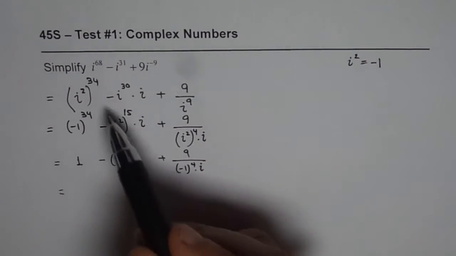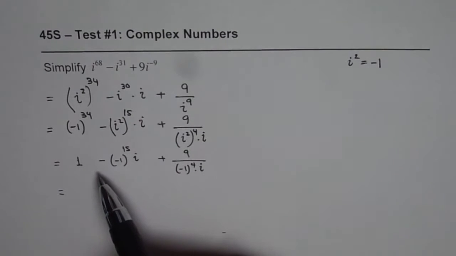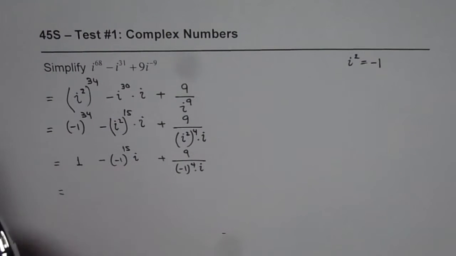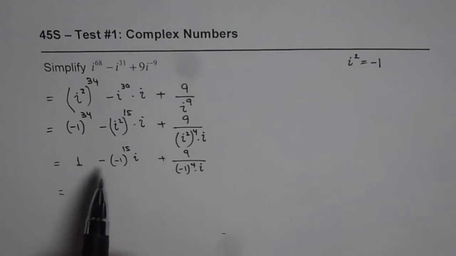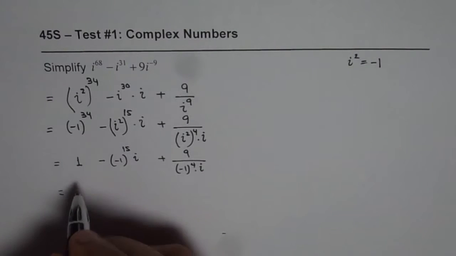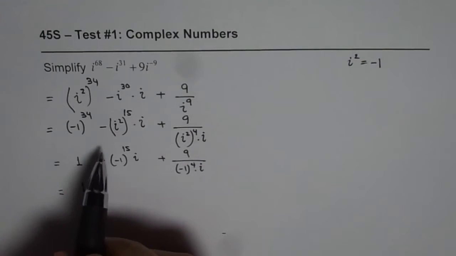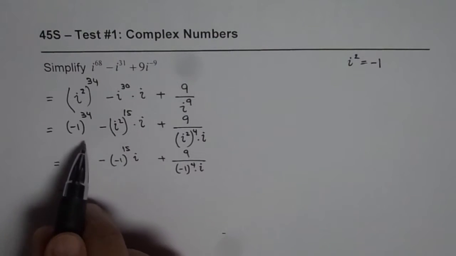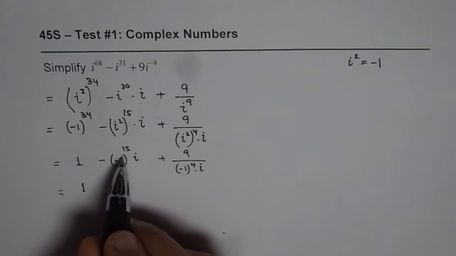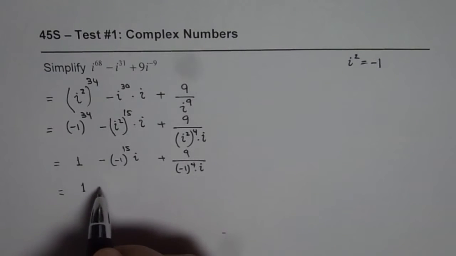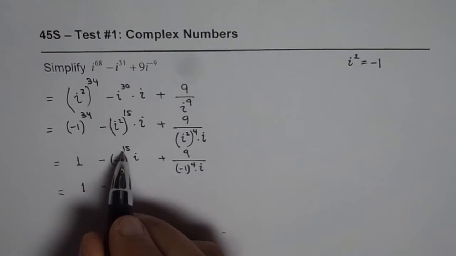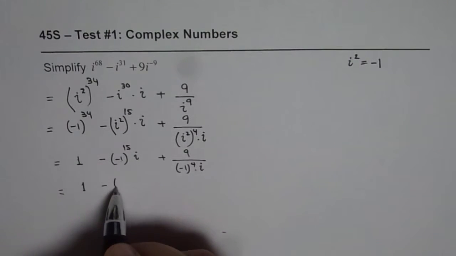So in this exercise what we are learning is how to work with different powers or exponents of i. I hope this exercise will really help you to understand that, and that is the reason why I'm doing it in steps, and we are doing parallel steps, kind of repeating the steps. Do you see that? Now minus 1 to the power of 15, since minus 1 is a negative number, an odd number exponent will give us negative 1, right?